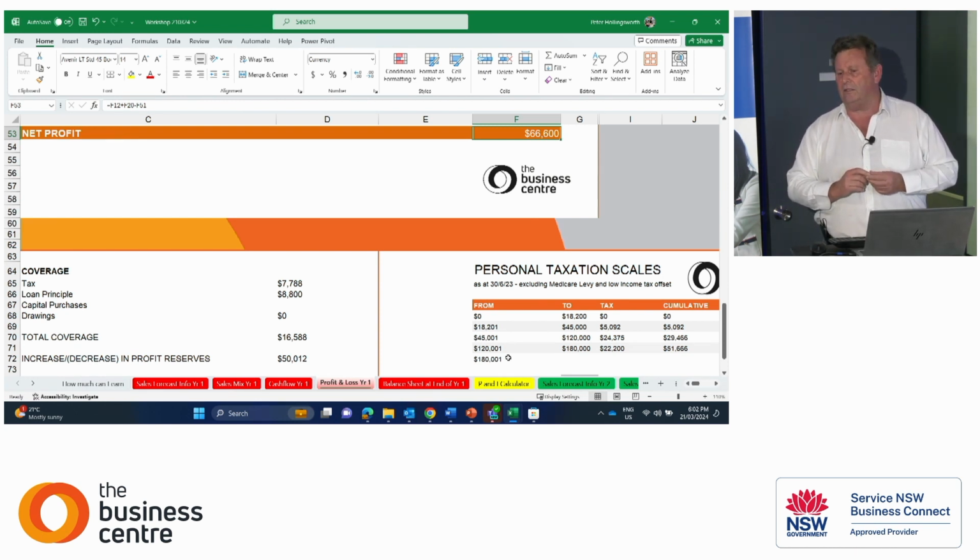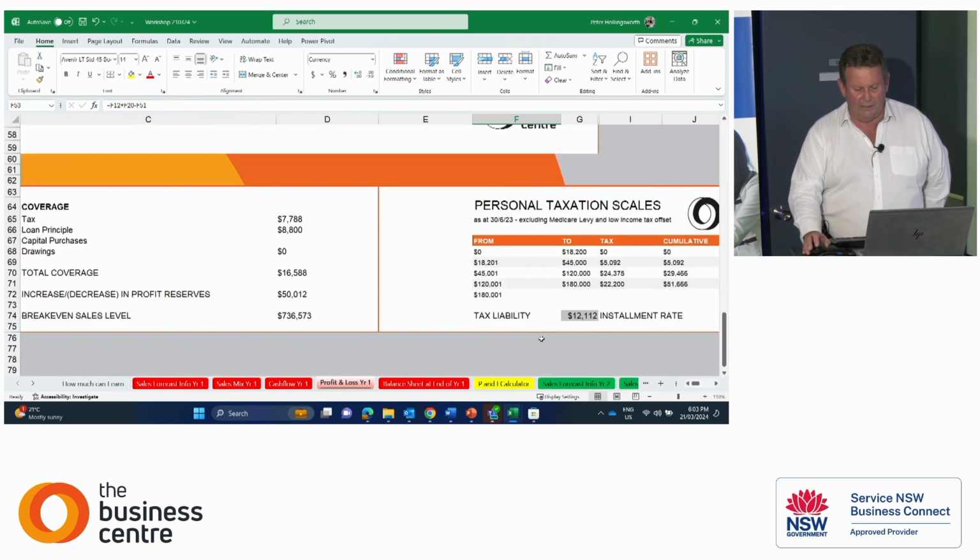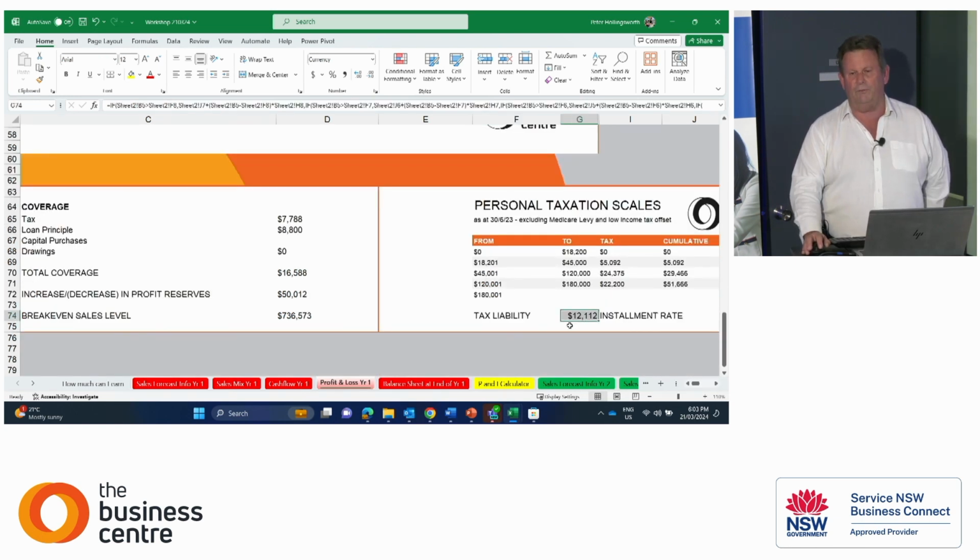They're changing again 1st of July this year to something slightly different. The brackets are expanding and a couple of the rates are coming down. But that'll be published, and we'll update these presently. But for now, at least, on $66,000, your tax liability would be something around $12,000 as a sole trader.